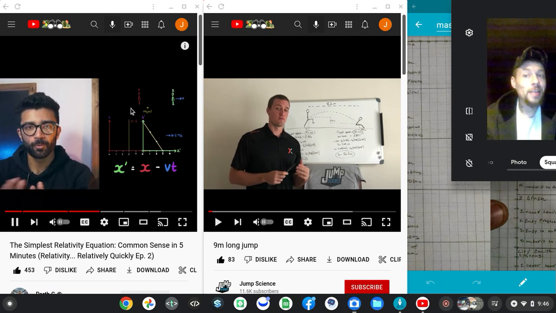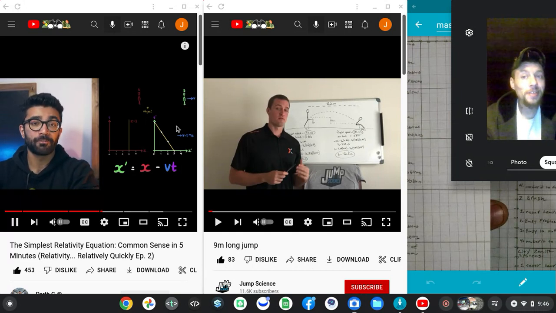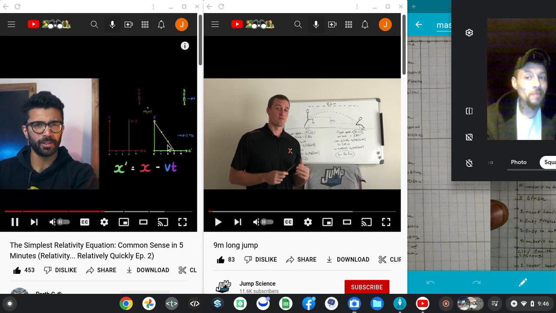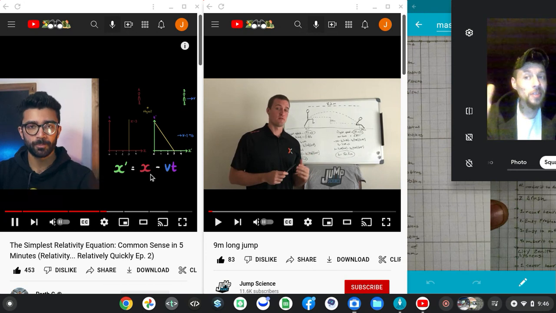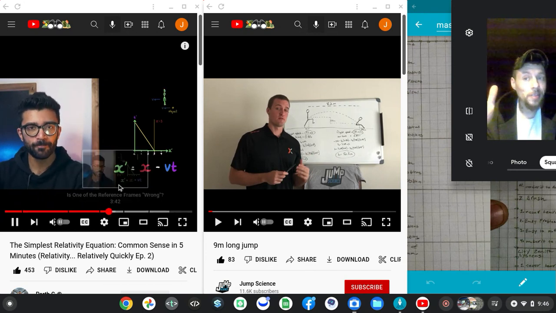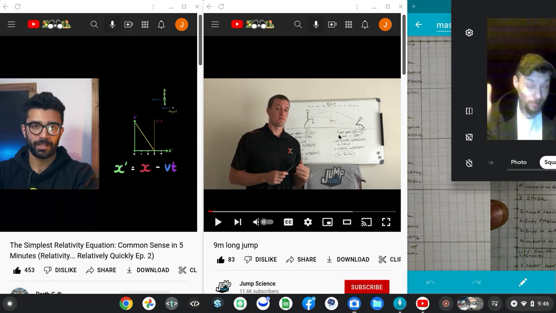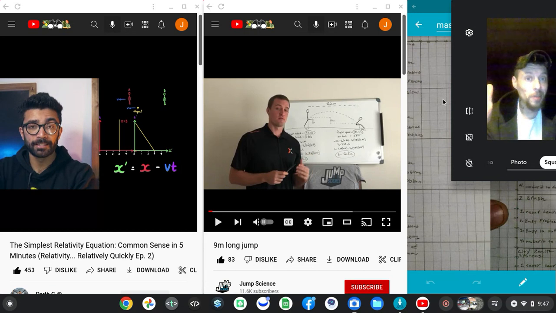Now remember, the way that we are showing these diagrams makes it look like the primed reference frame is just wrong or silly, because its coordinates are moving, so of course it would make an incorrect measurement of the position of the object. But if we switch to the primed reference frame, then we can see that from its perspective, it's actually the object and the other reference frame that are moving.